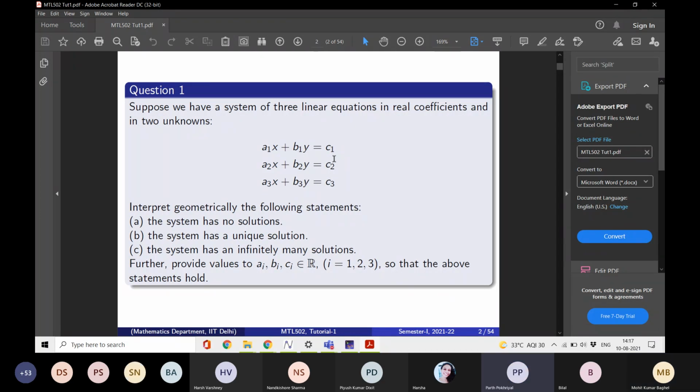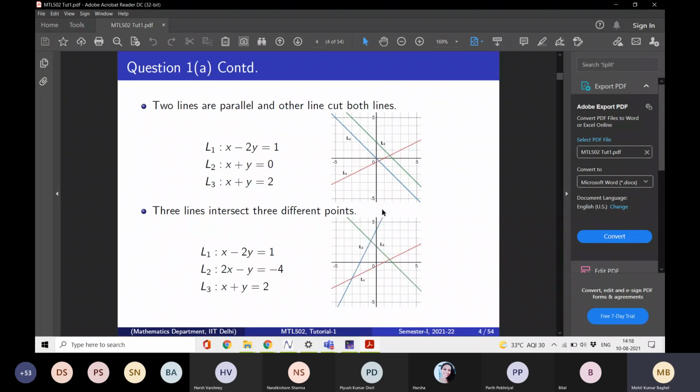Instead of listing all the examples of all the cases, can we instead say that the lines will not be concurrent and then give an example of that? Yes, you can say that, but given the nature of the question, where one person is saying, I want the particular values of ai, bi and ci so that this is the case for the third case, he's asking for something particular.